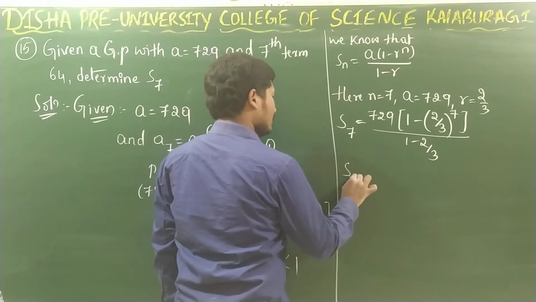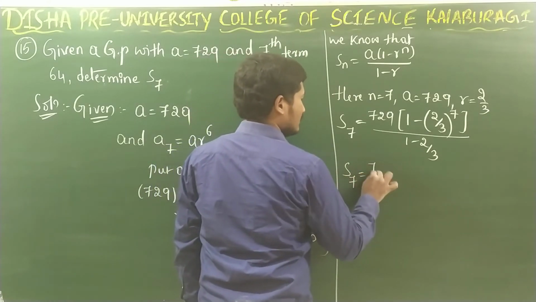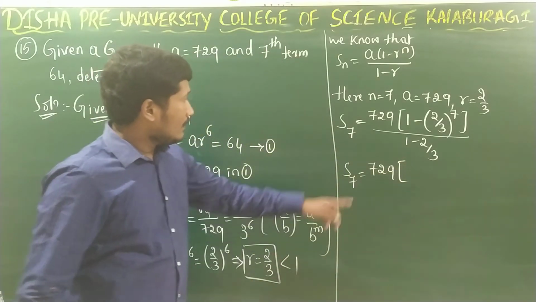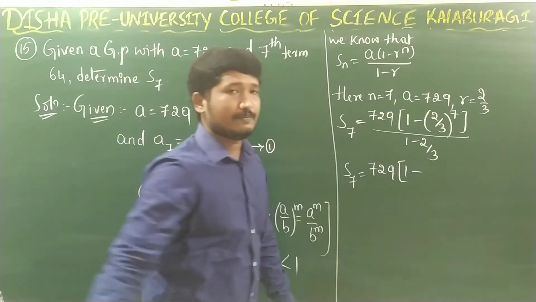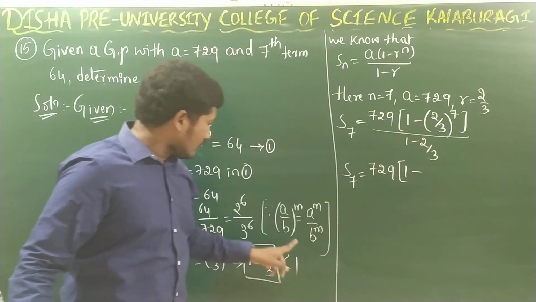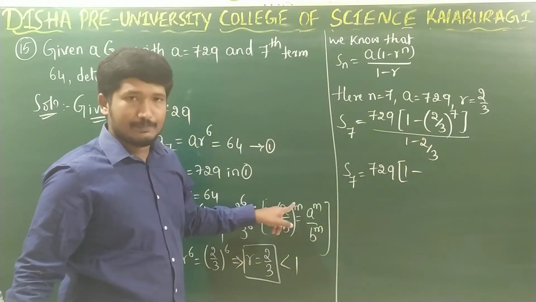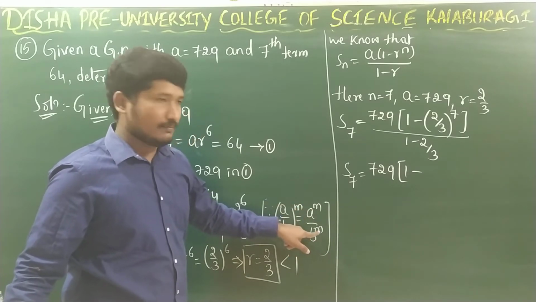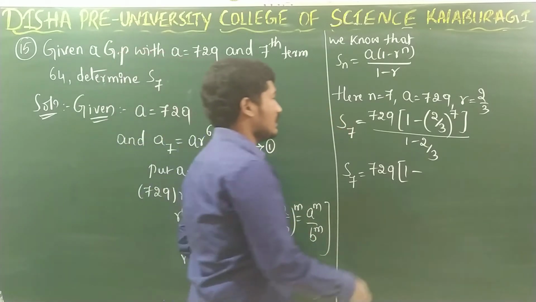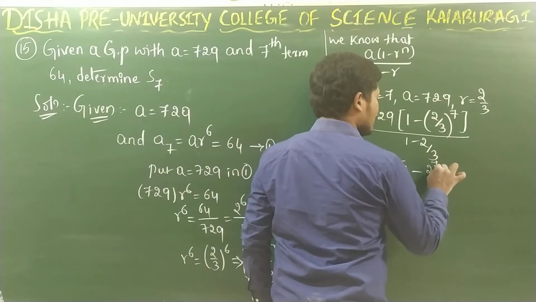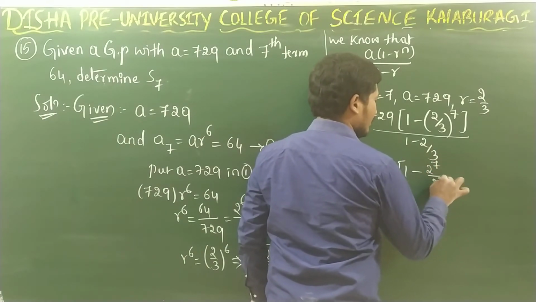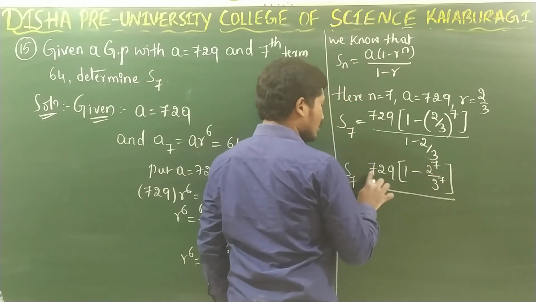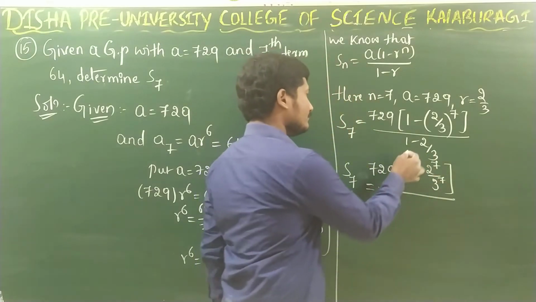So S7 is equal to 729 into 1 as it is, minus, again this is of the form (a by b) whole power m, so I will write it as a power m by b power m. The power is the same, so this can be written as 2 power 7 divided by 3 power 7, whole divided by 1 minus 2 divided by 3.